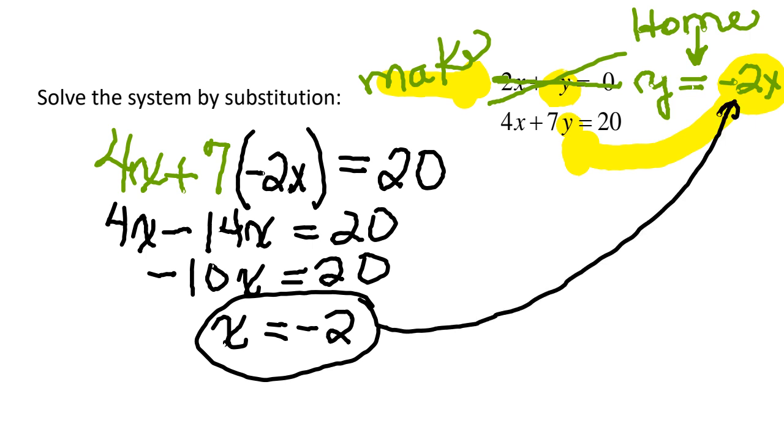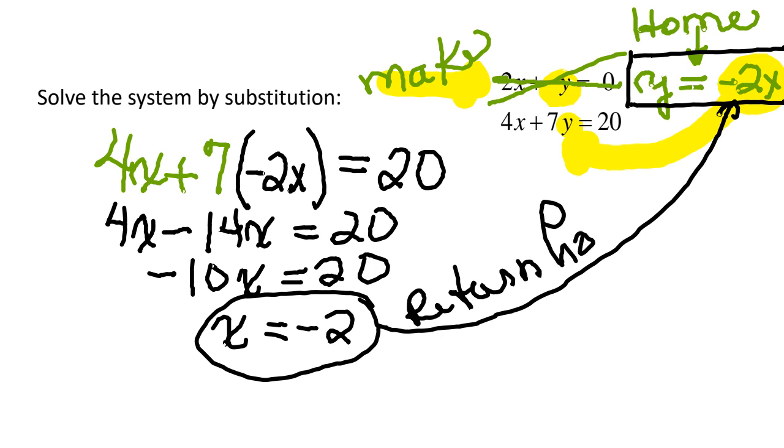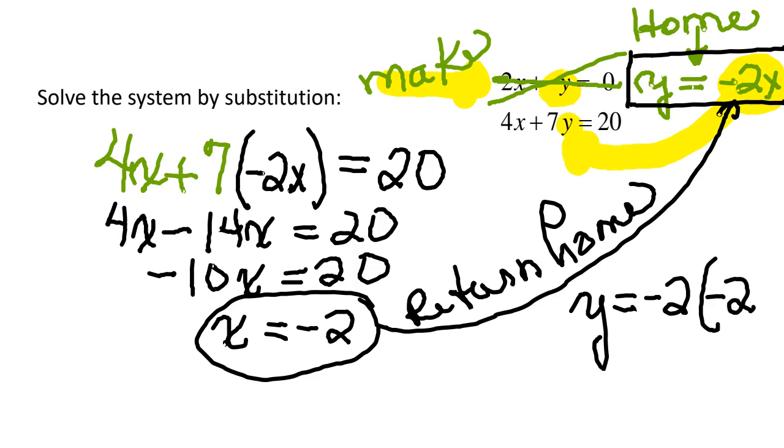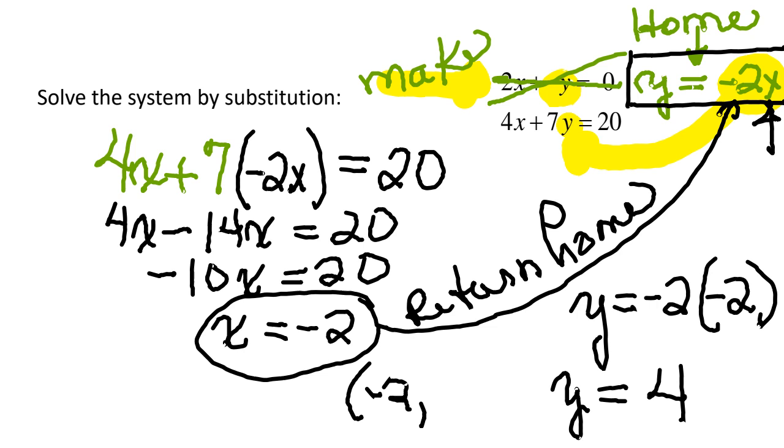I return home to find y. y is equal to negative 2 times negative 2, because this x is negative 2, means that y is a positive 4. My answer is negative 2, positive 4.